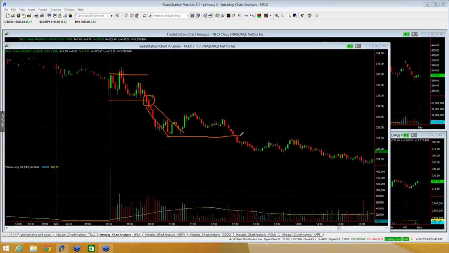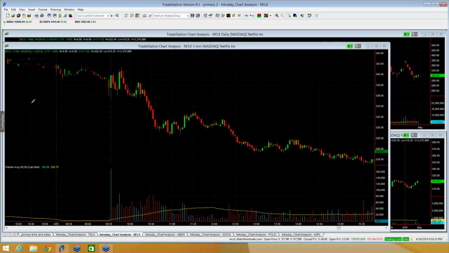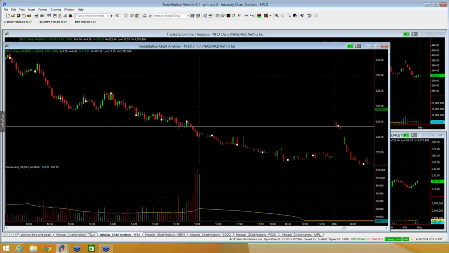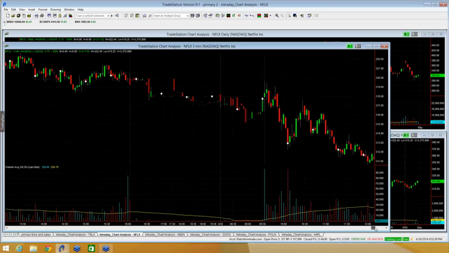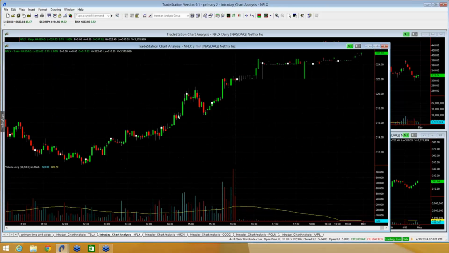You come down to it, and you just go right below it, and you get another leg down from 326 down towards 324. So those are examples of good range extension where you're breaking down and you're not hesitating on the breakdown. You're extending the range right away, unlike the Amazon example that I started out with.